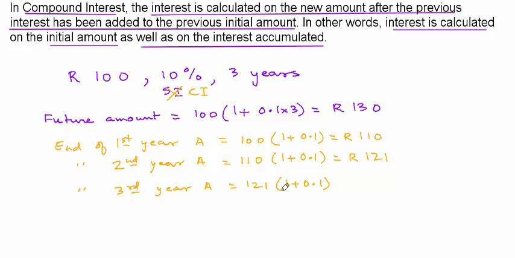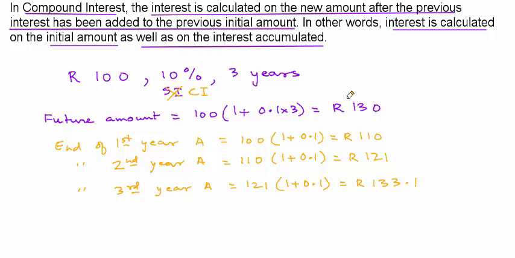So each time the interest is being calculated on a new amount. It's 100 to begin with. The final amount at the end of the first year becomes the initial amount for the beginning of the second year. And the final amount for the second year becomes the initial amount for the third year, and so on. So this is going to be equal to 133.1 Rand.